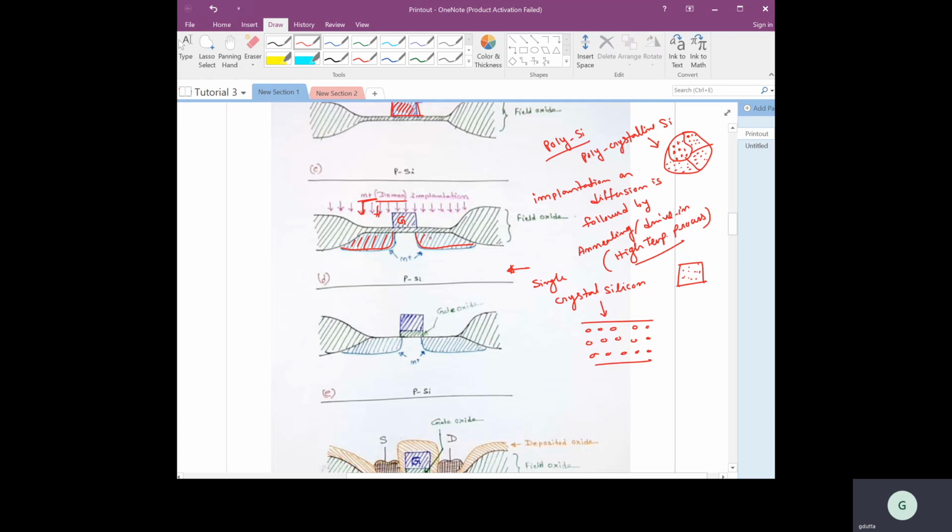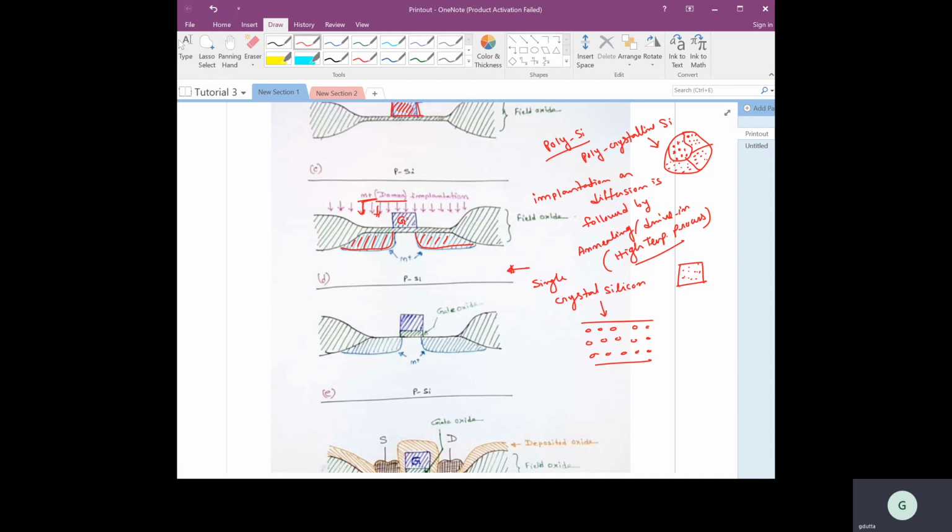Once this has formed, this implantation should also affect this polysilicon, right? Because if it can penetrate this silicon, then obviously why not this polysilicon? Actually, it does. It makes this polysilicon heavily doped, and when you heavily dope it, its resistivity reduces, and that's helpful for us.